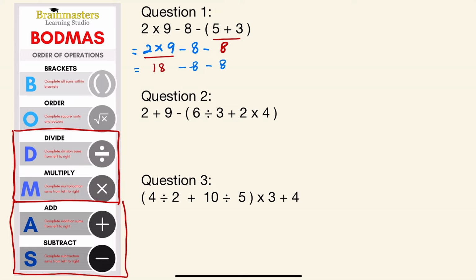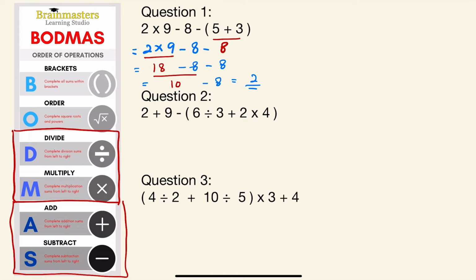Lastly, I am left with 2 minus signs, so I will do it from the left to the right. That gives me 18 minus 8, which gives me 10. I didn't touch the minus 8 at the back, I copy it down again. And the final answer is 2.